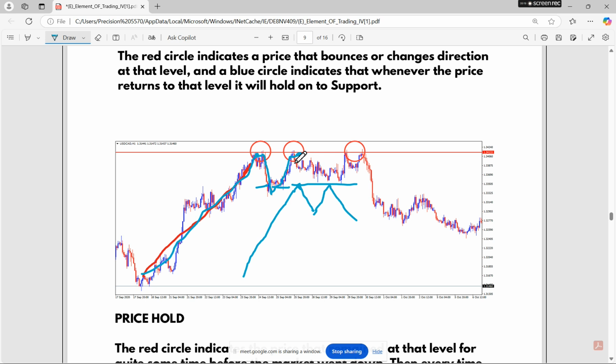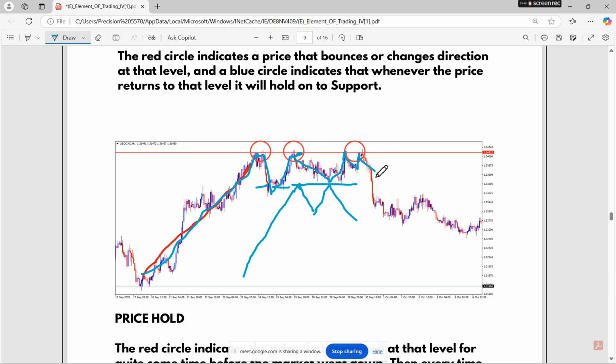So here the market had to come down again, because this was an area which was already taken by sellers. Even later in the future, buyers push the market again, and still they never managed to go beyond this area. Sellers push the market down again. The same thing happened again.